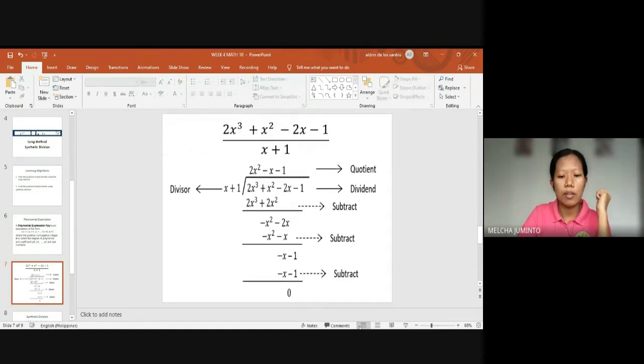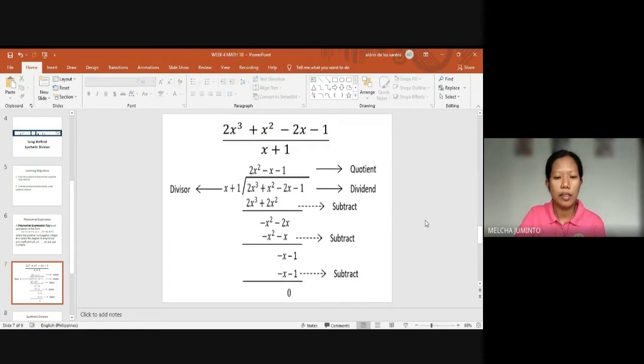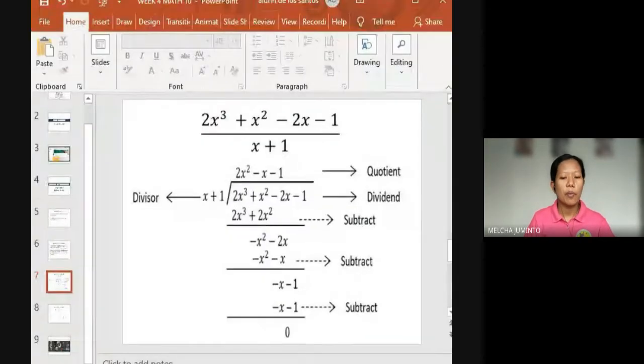You can see this example in your learning activity sheet. This example is dividing the polynomial using the long method. So let us discuss how we divide polynomials using the long method. We do this just like how we divide numbers.